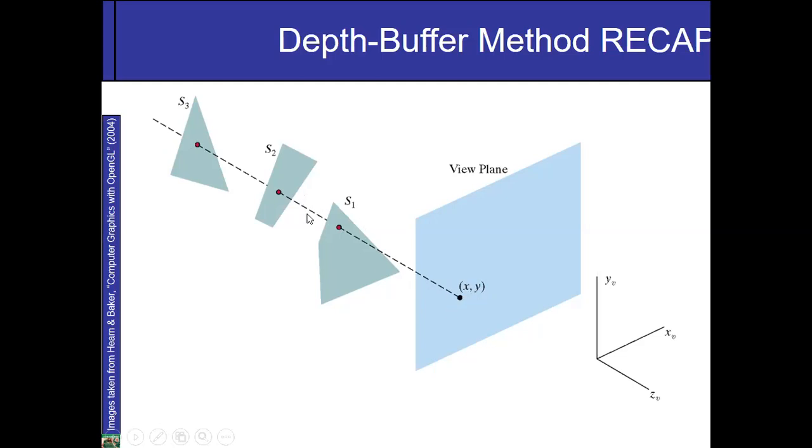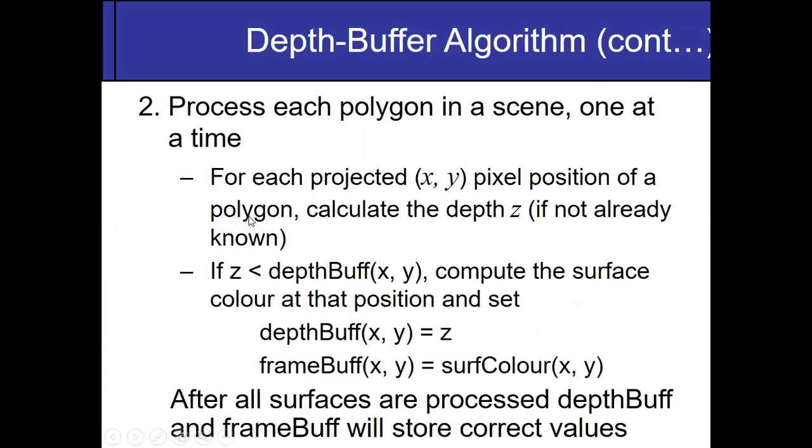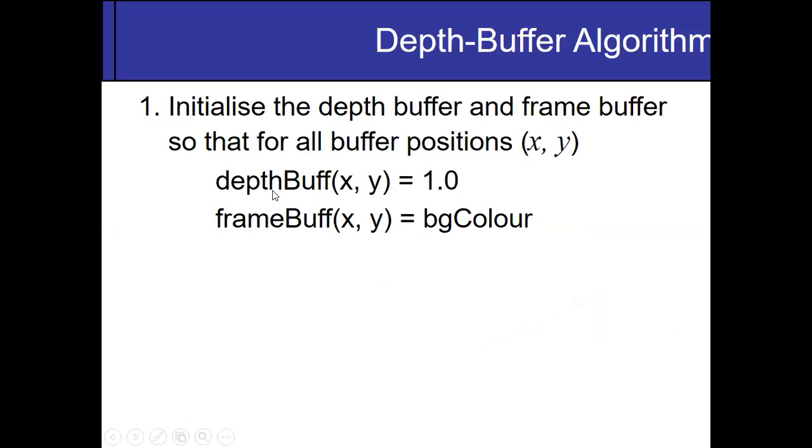You will not see S2's x comma y and S3's x comma y. What are we doing? We are doing this hidden surface removal or visible surface detection. We have understood the algorithm. Now we'll put it into formal words. I told you there are two buffers, depth buffer and screen buffer. The depth buffer we initialize to infinity.